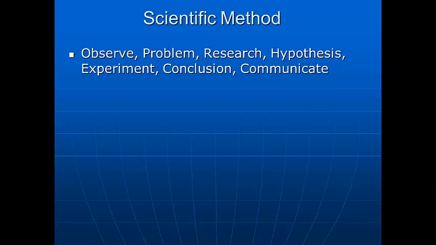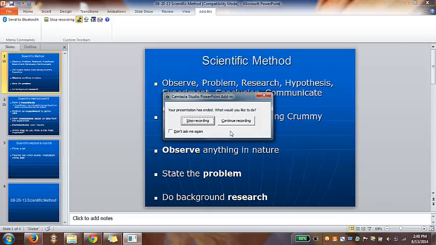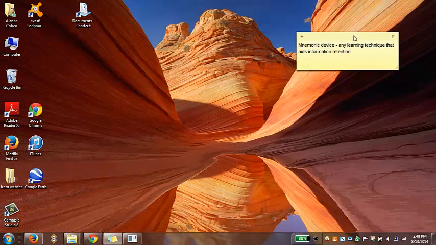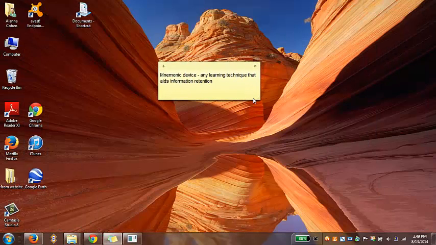So that is spelled M-N-E-M-O-N-I-C, mnemonic. Kind of sounds like memory. Wikipedia defines it as any learning technique that aids information retention. Retention just means how well you remember something or retain it in your brain.